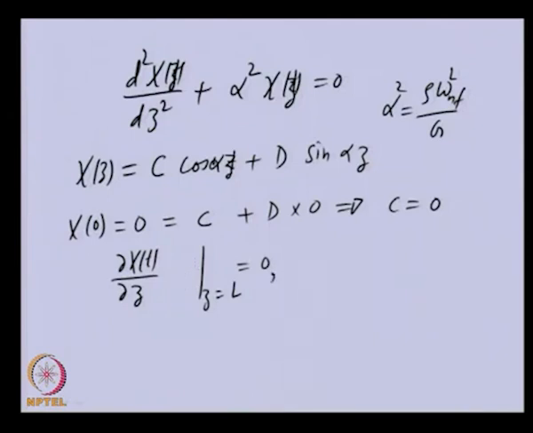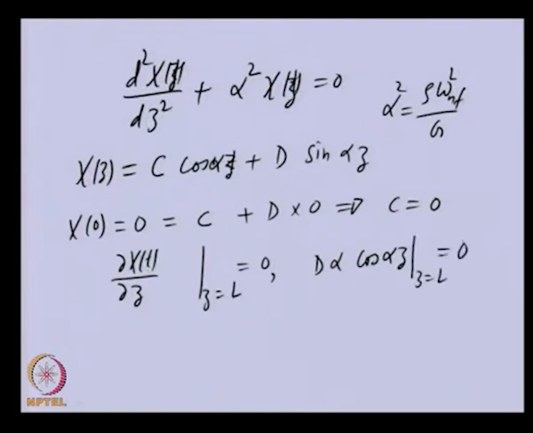So, I am differentiating this, and we know that c is 0 itself. So, we only need to differentiate this d sin alpha z, which gives d alpha cos. This is the derivative of this particular term, and at z is equal to L, this quantity is 0.